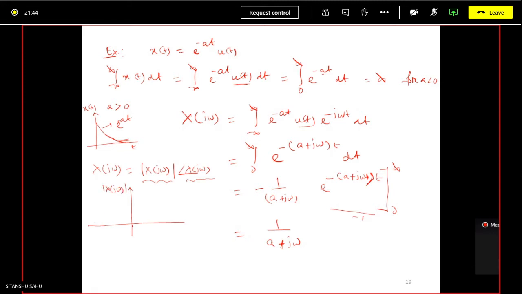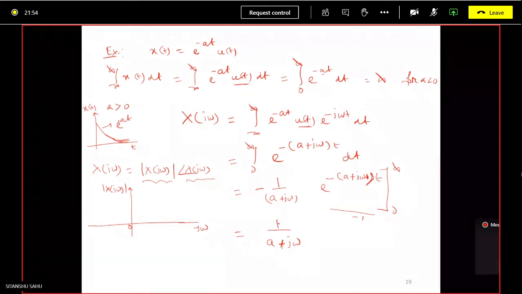Here this will be the omega axis. When you put omega equal to 0, it is 1 upon a plus j0, so it becomes 1 by a.